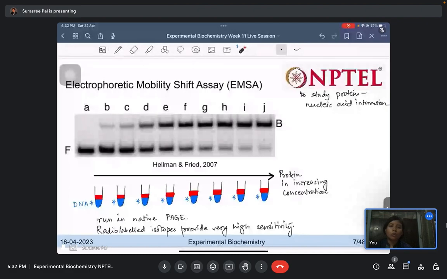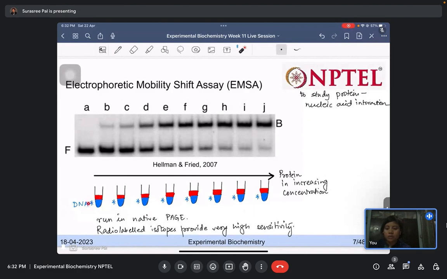So here, what we do is we have this series of tubes. And in these tubes, we have the same concentration of DNA. Here, this DNA is labeled. What does it mean? This DNA has a particular label. It can be a radioactive isotope, or it can be a fluorescent label as well.